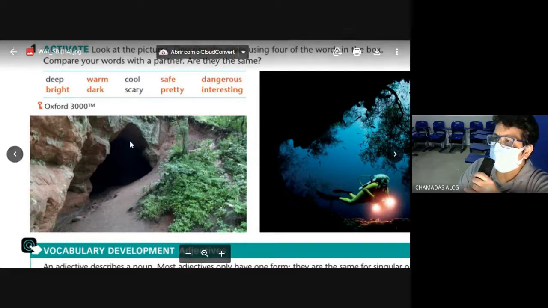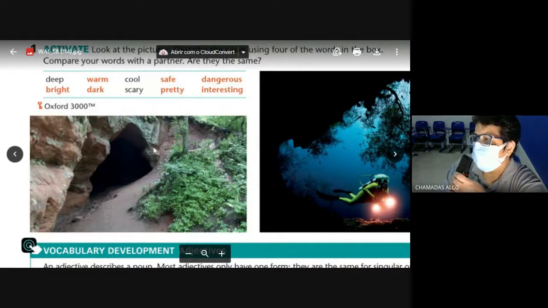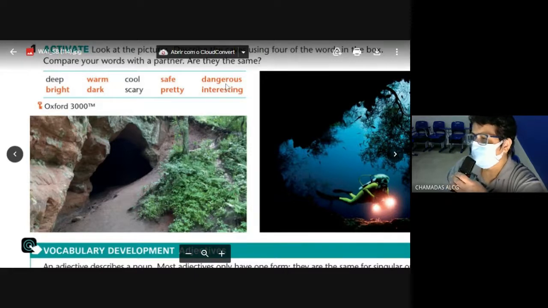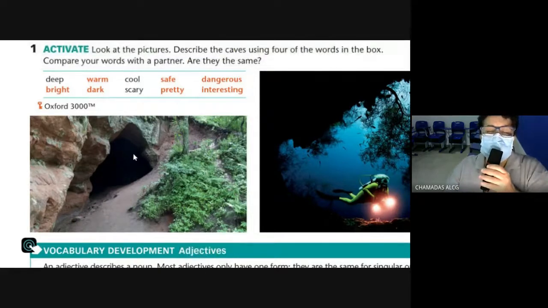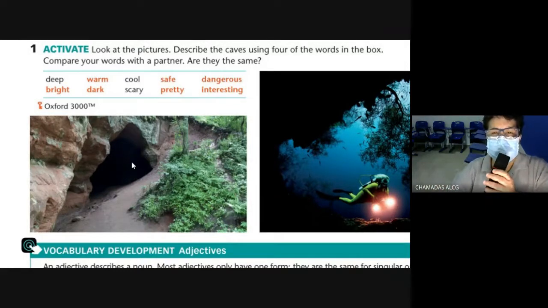It looks like a cave, right? Do you think this cave here is dangerous? What do you think? Have you ever visited any caves? Have you ever tried to go inside a cave?